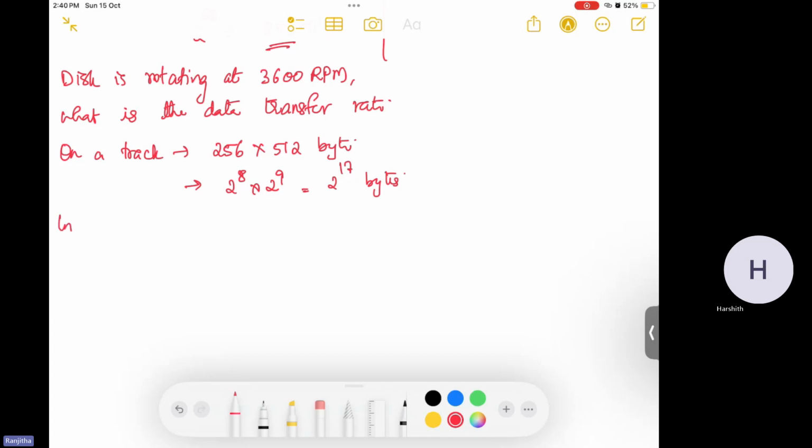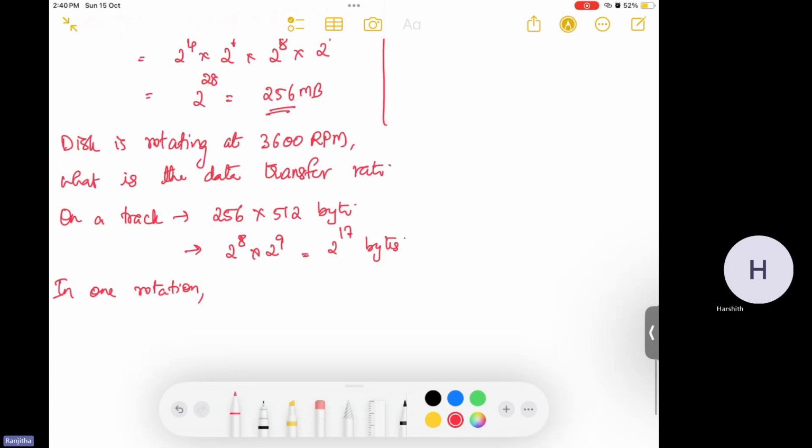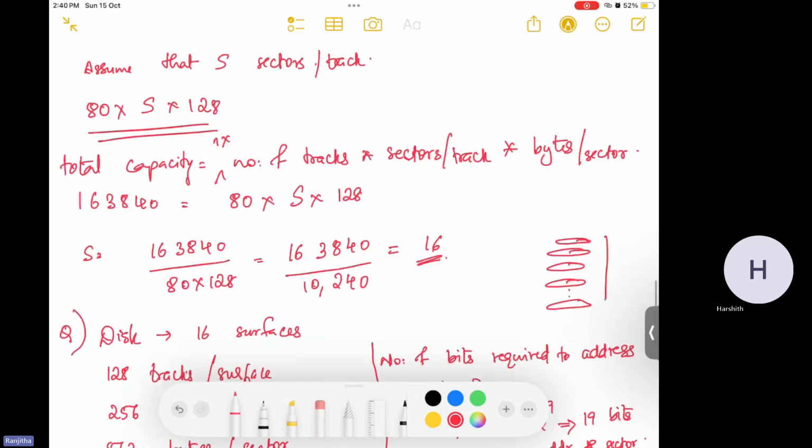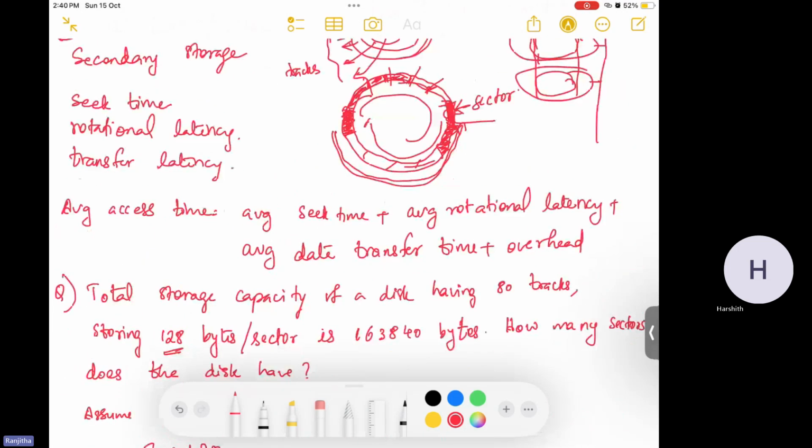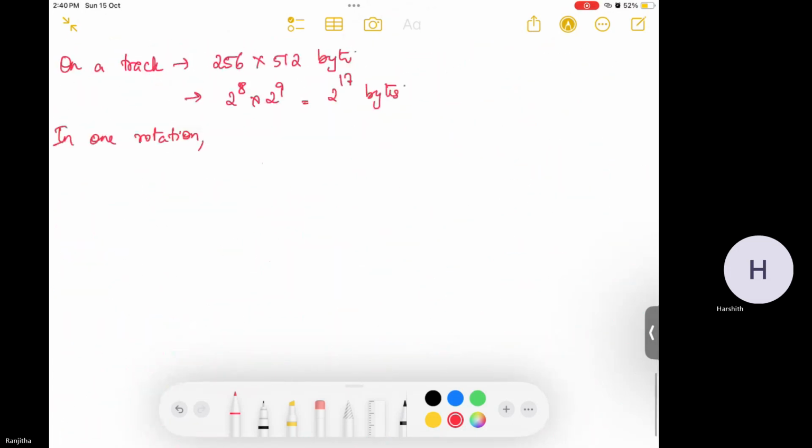Because this is how the sector is on a track, like this way it will be.